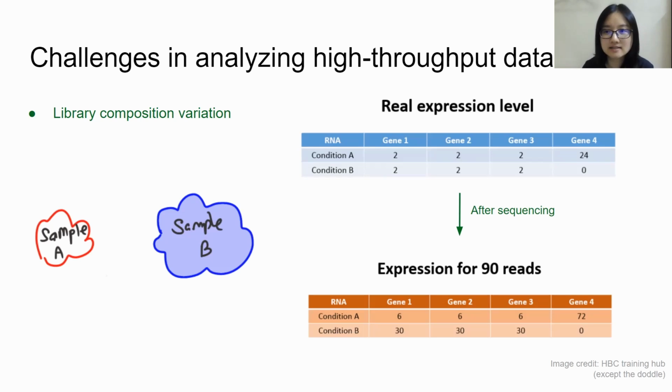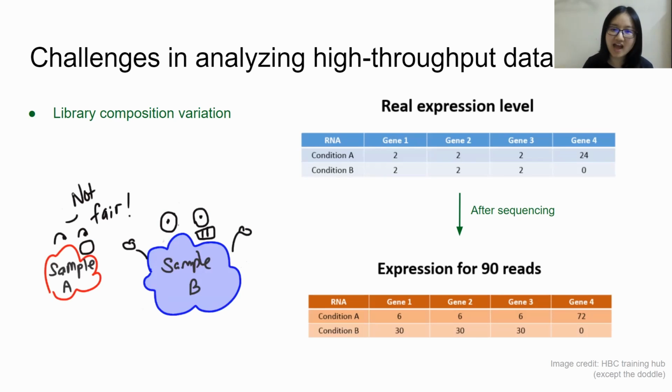While we can see there is an uneven distribution between condition A and B, the original real expression levels of genes 1, 2, 3 are in fact the same. So this is not really fair when we want to compare them.